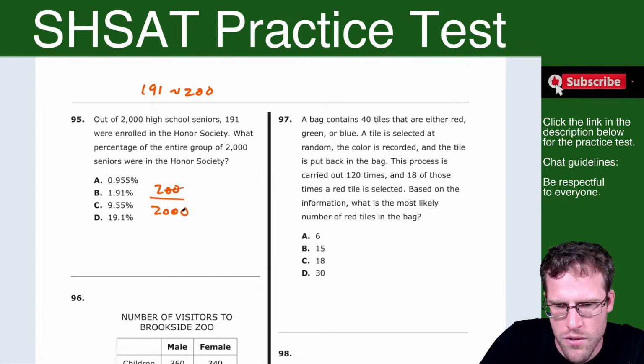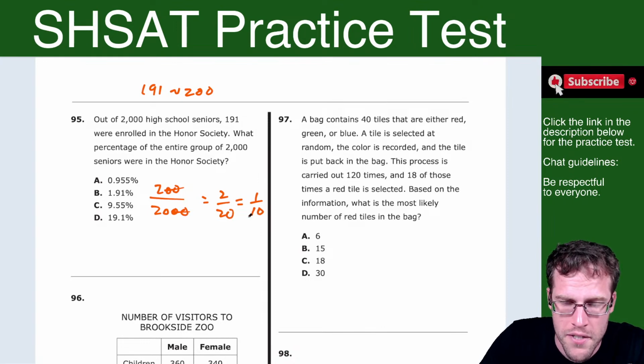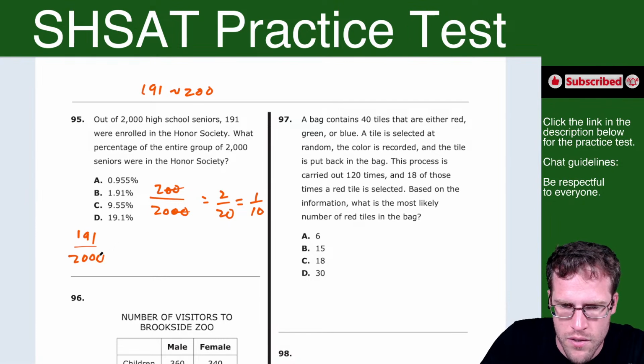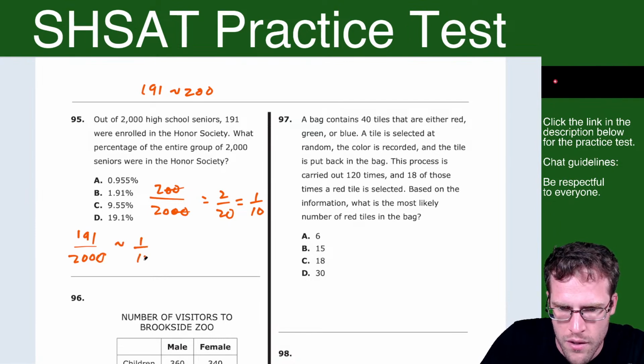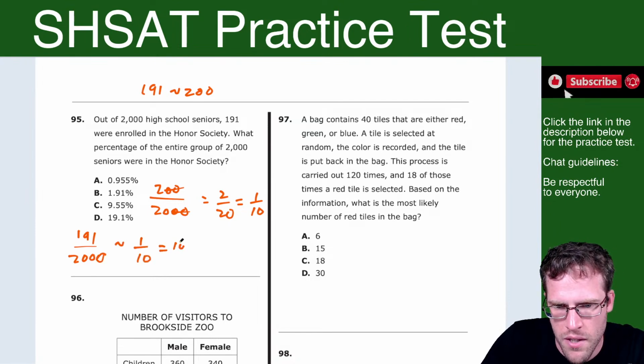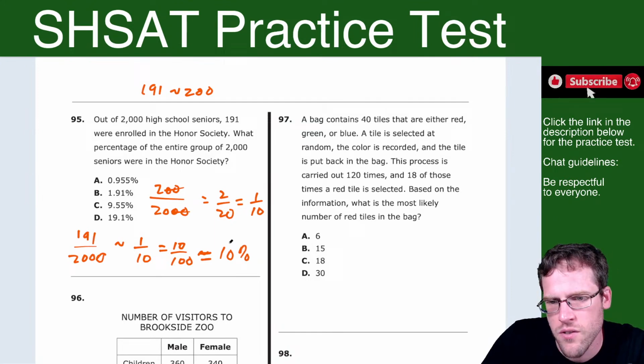Cross off the trailing zeros. So that's roughly 2 out of 20, which is 1 out of 10. So 191 out of 2,000 is roughly 1/10. And 1/10 is the same thing as 10 out of 100, which is equal to 10%.